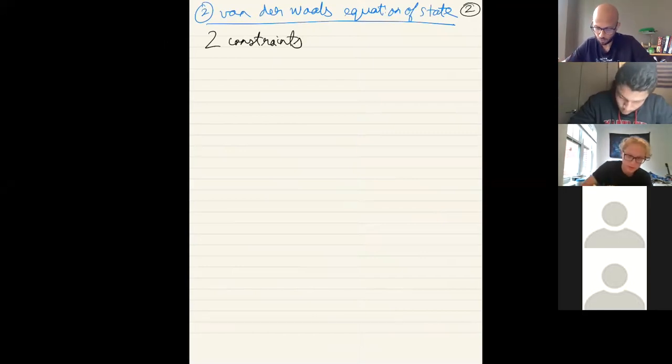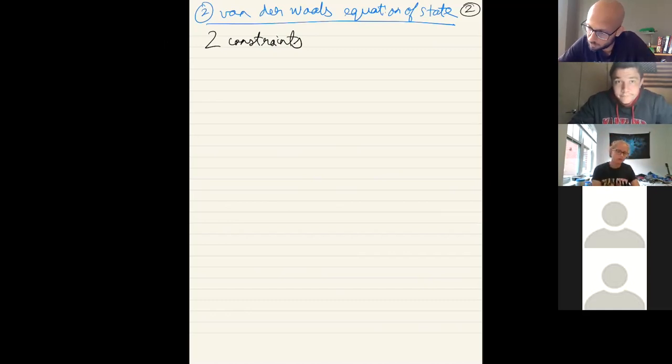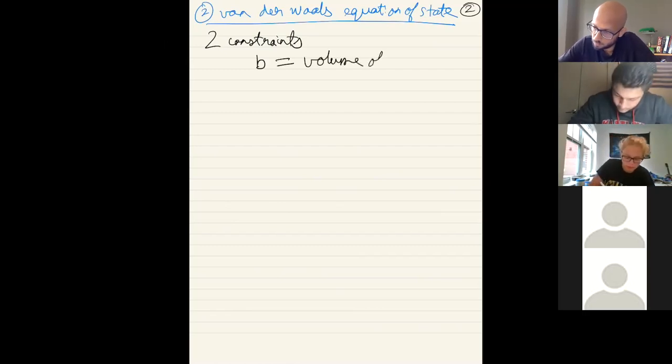The first one says that in an ideal gas, we said that the molecules or the atoms are so small, they are like point particles. They're really, really tiny. But what if it's not true? What if we really want to consider the precise radius, or related to radius, the volume of every molecule? So it talks about a term B, which is the volume of each molecule.